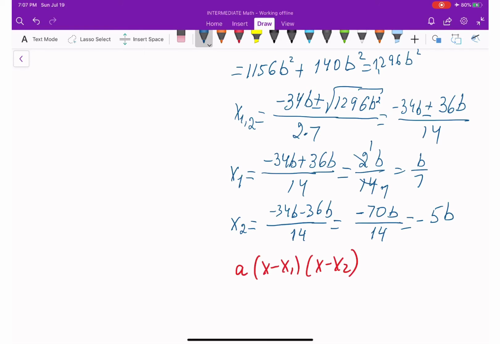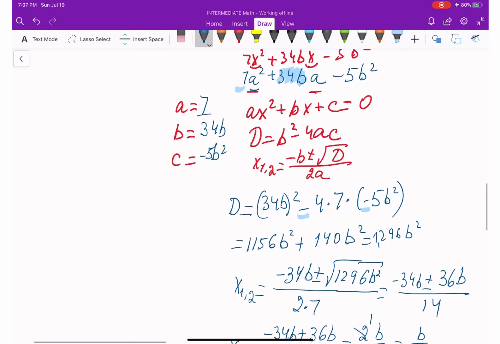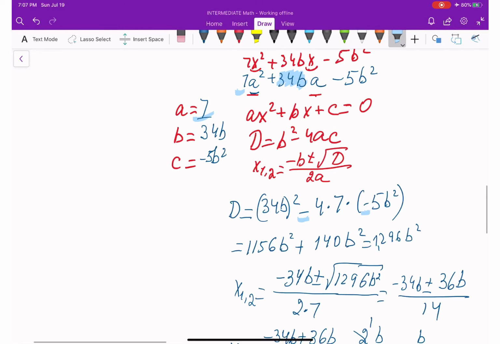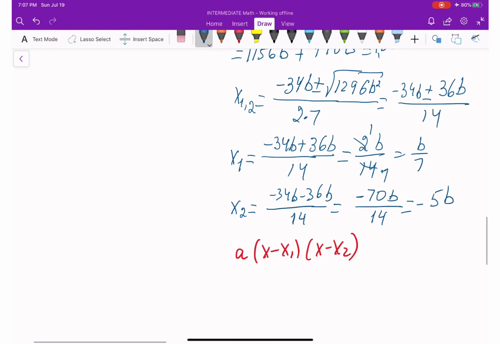Okay, again applying Vieta's formula, a times x minus x1, x minus x2. Our a is right here, 7. Let's apply. 7 times x minus, how much is my x1? b over 7. And x minus, how much is x2? Negative 5b. So since here we also have a negative, it will become positive 5b.